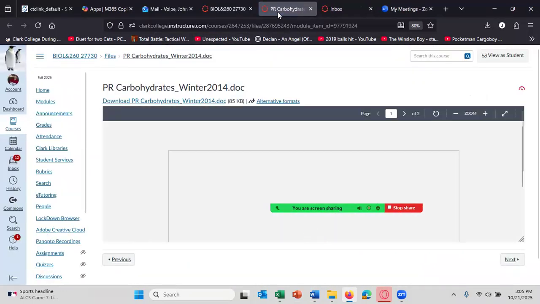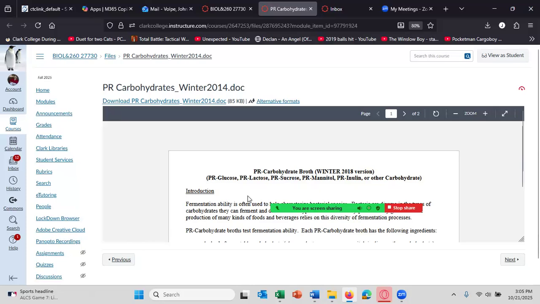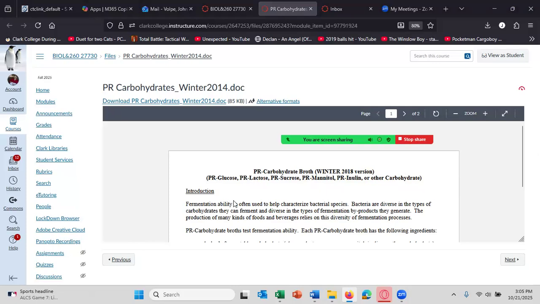Because the PR carbohydrates is actually PR glucose, PR lactose, PR sucrose, PR mannitol, PR inulin, or another carbohydrate. And what you do is you have the PR broth, and then one of the carbohydrates is added, like glucose for the PR glucose test, lactose for the PR lactose test.